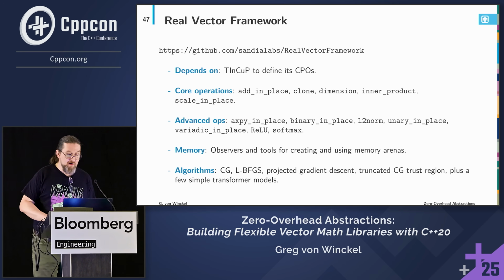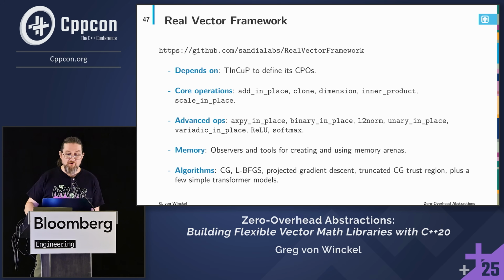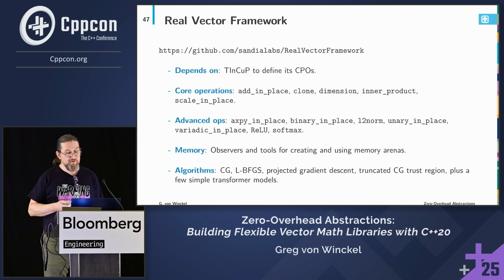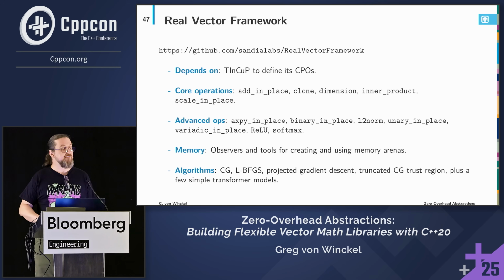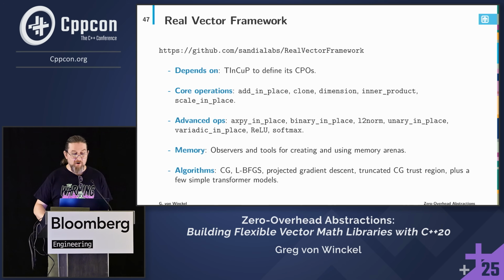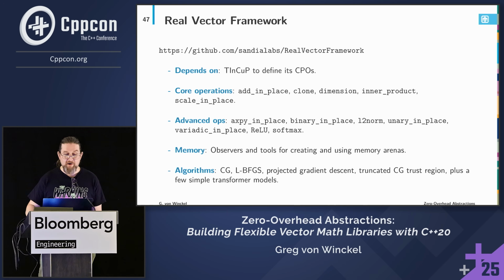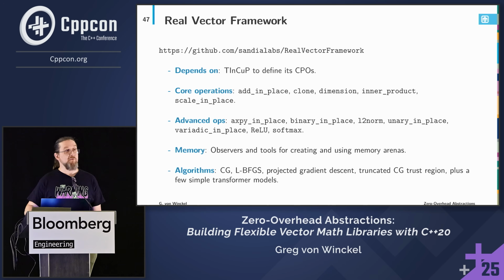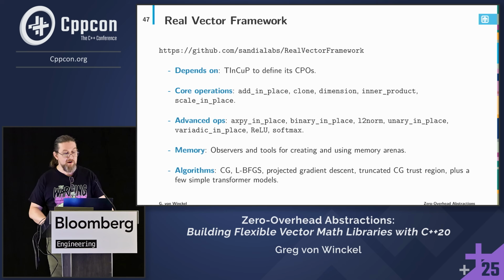It also implements some tools for memory management. So instead of having clone generate a unique pointer to a vector, this provides infrastructure for managed memory arenas using observers and so forth. And there are some benchmark numbers on the repo in the docs directory that show that you can get hundreds or thousands of times speed up by reusing memory arena type vectors as opposed to continuously using clone to allocate and deallocate memory.